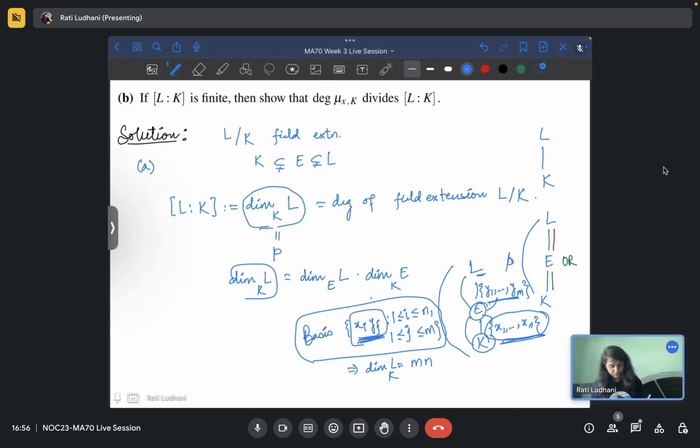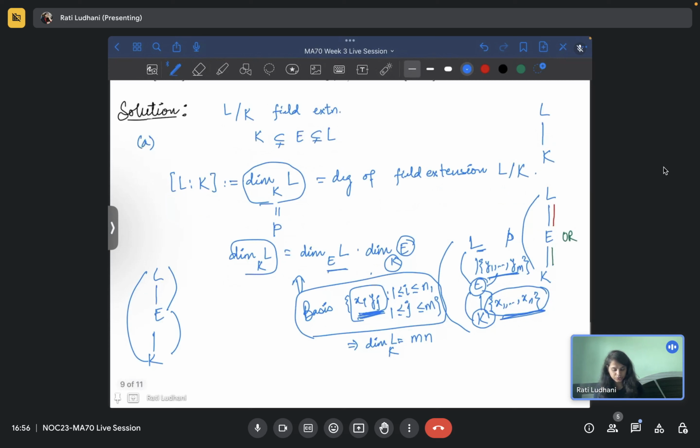Because of this explanation, we have this equality: the dimension of L over K is the same as the dimension of L over E multiplied by the dimension of E over K.